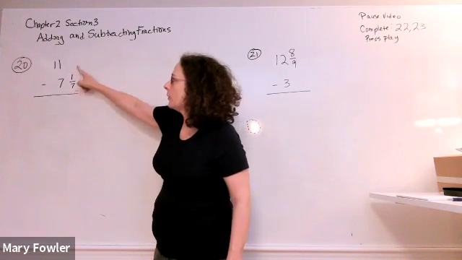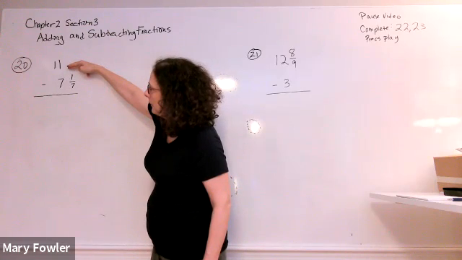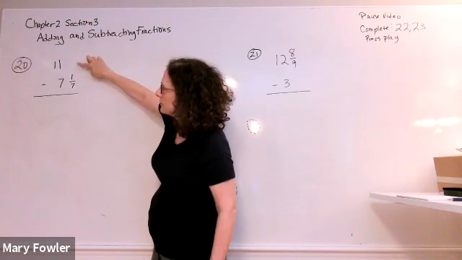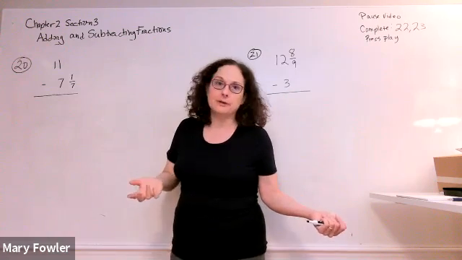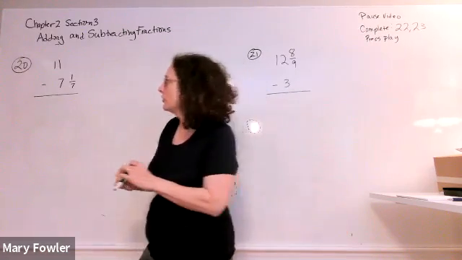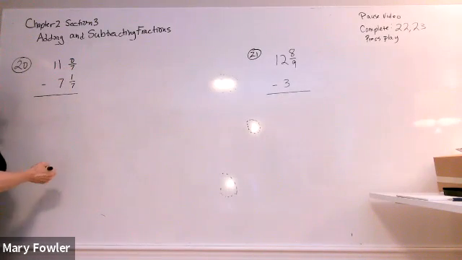And so what we're going to want to do is subtract the whole numbers and subtract the fractions, but we don't have a fraction next to 11, right? So what we'll do is we actually can write it in as 0/7.